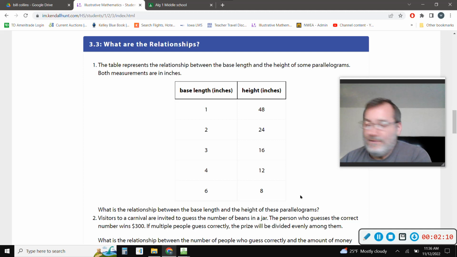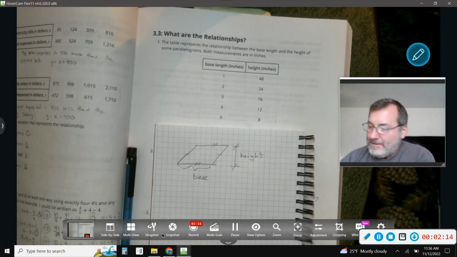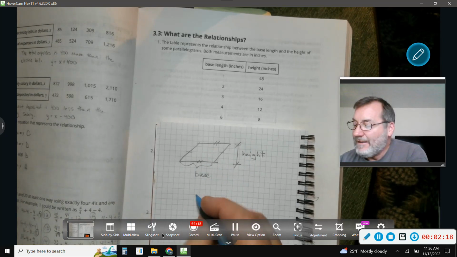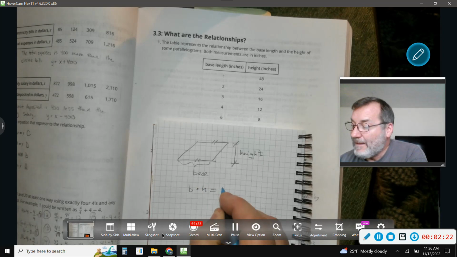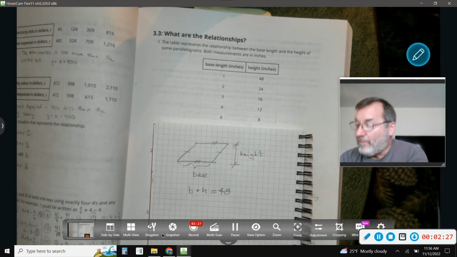So what we can do with this is we'll just say, oh, well, look, this is what this parallelogram is. Here's our base, here's our height. And if I take the base times the height, I get 48 each time. That's essentially the equation that we're working with here.